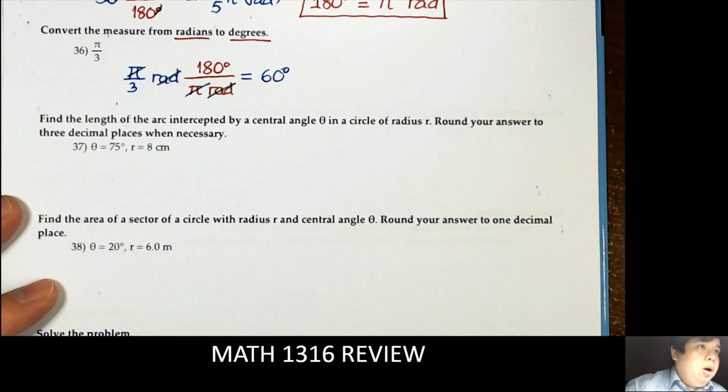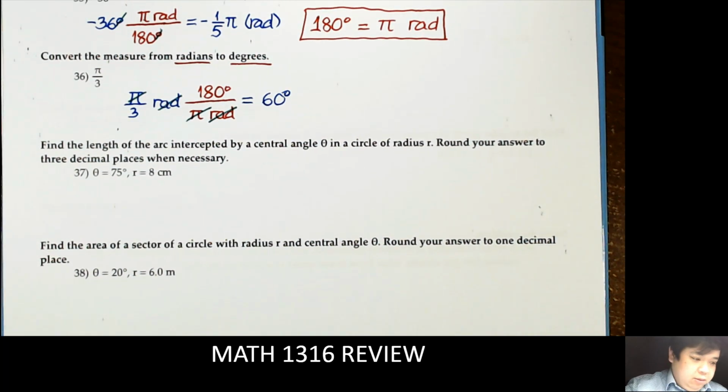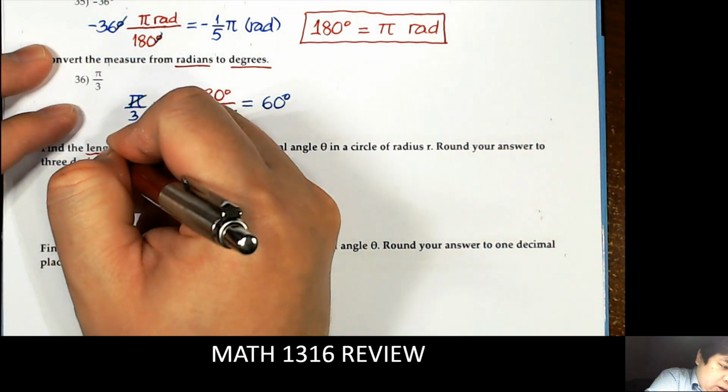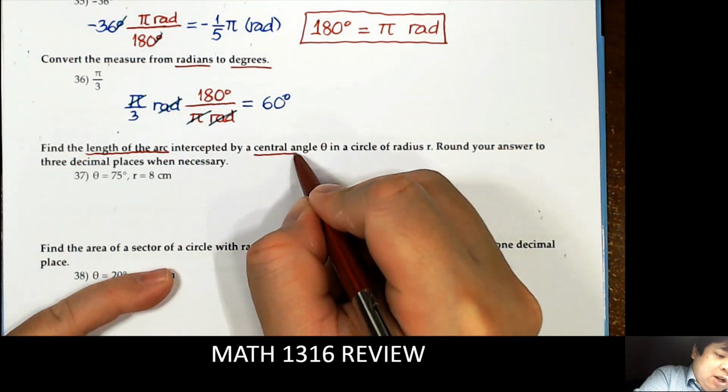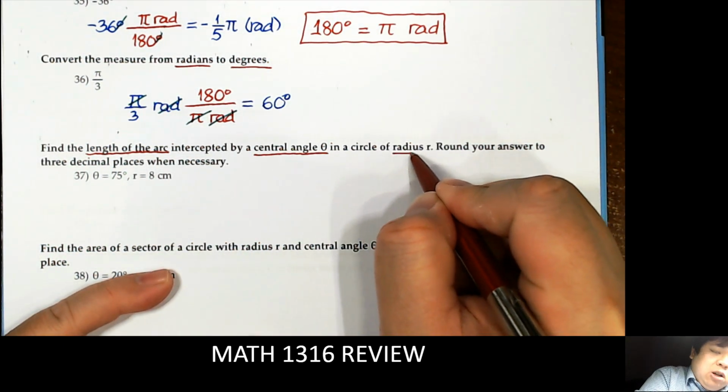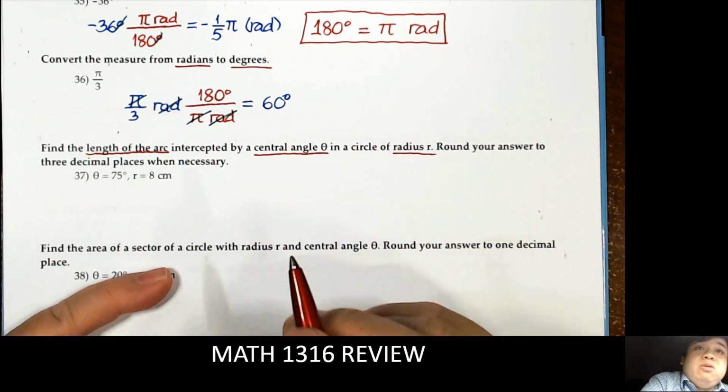Next, we have arc length. Length of an arc. We're going to have a central angle and the radius r. The central angle is very important.